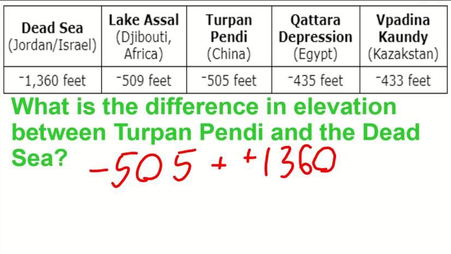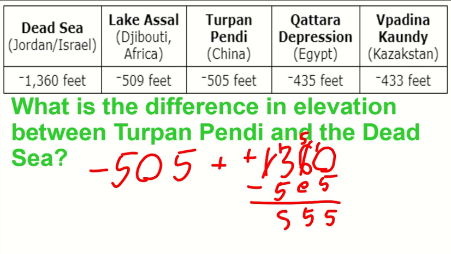So when the signs are different, we're actually going to subtract, and like she said, we get 855. Any questions on that one? Just make sure you're careful when you set up your subtraction problem. It asks for difference. Difference is subtraction. When they're both negative numbers, once you do the same change, that's how that ends up.